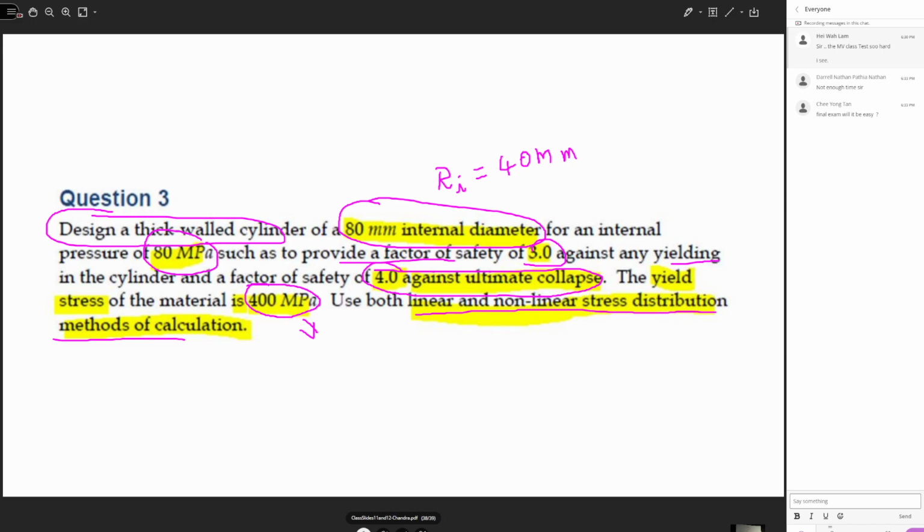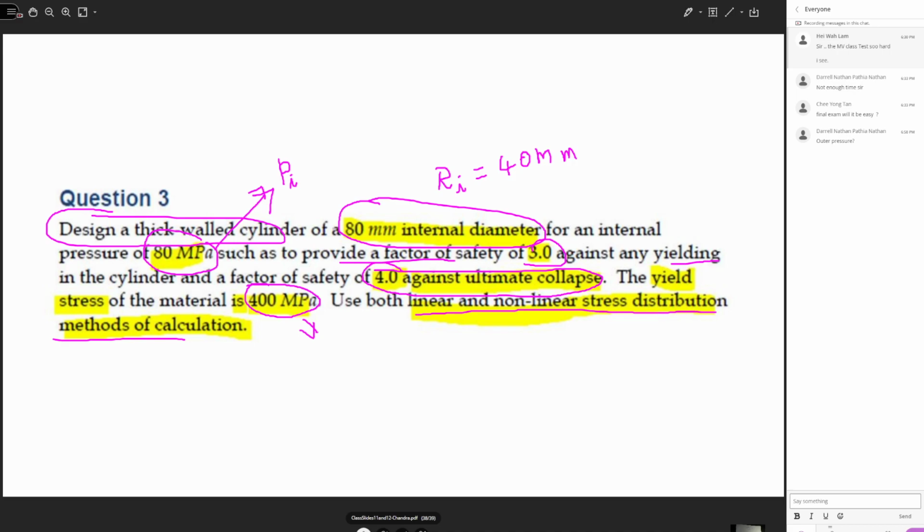Can someone tell me what we need to calculate here? This is the internal pressure, PI. No, the outer pressure will always be atmospheric pressure.